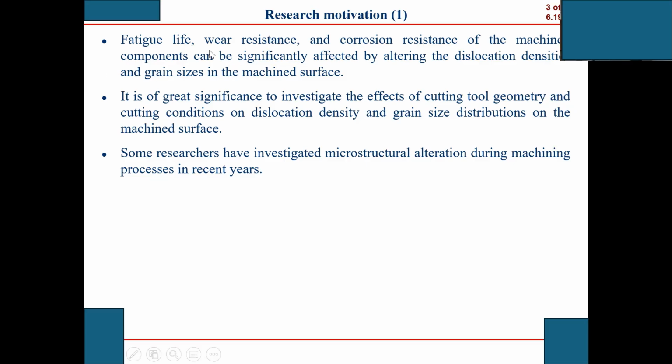These can be significantly affected by altering the dislocation density and the grain size in the machined surface. Dislocation density can be seen with a microscope. This is a microstructure, especially for metallic materials. And the grain size: usually, the smaller the grain size, the harder or stronger the material is.